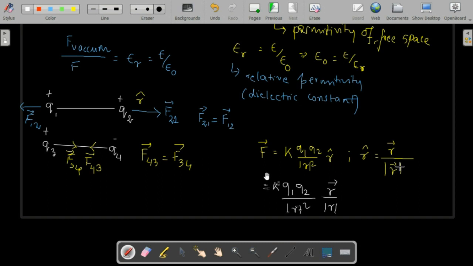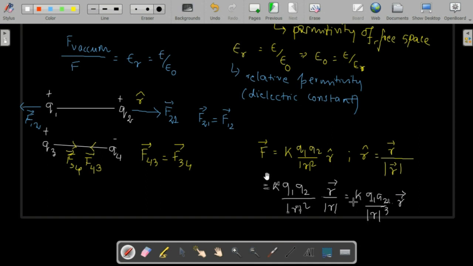You can write mod of r bar or mod of r, it's implied. So you see the formula changes slightly here. This is q1 q2 divided by r square into r, so now this will become r cubed. In no way does it mean that the forces are inversely proportional to the cube of the distance. No, that's the square of the distance. It's just because we are changing the unit vector into a vector, and that's where this formula comes in. So this is r bar.